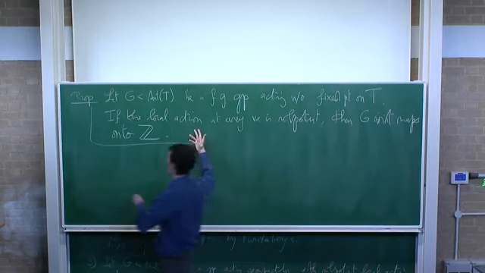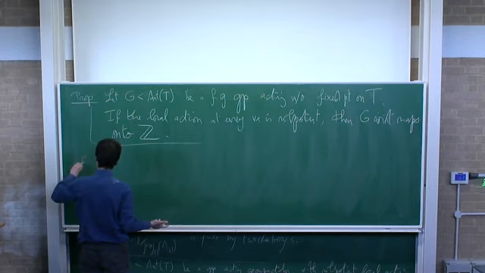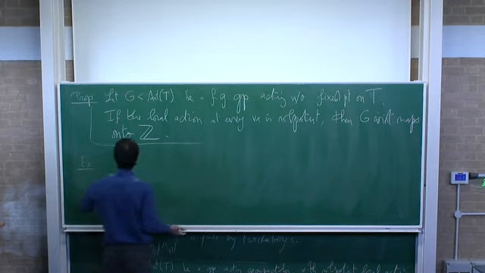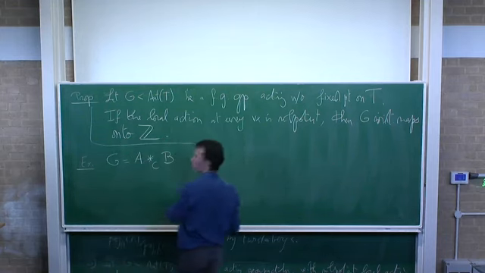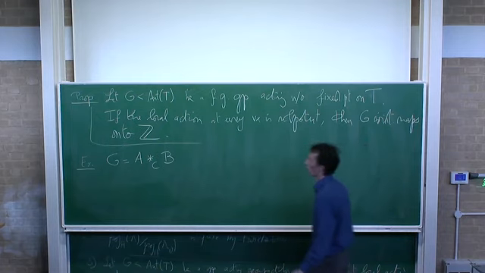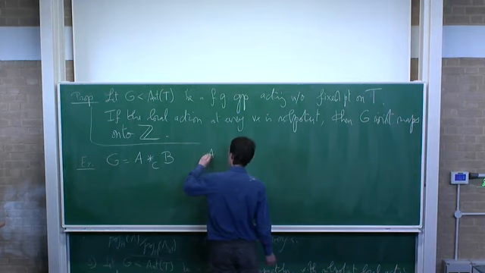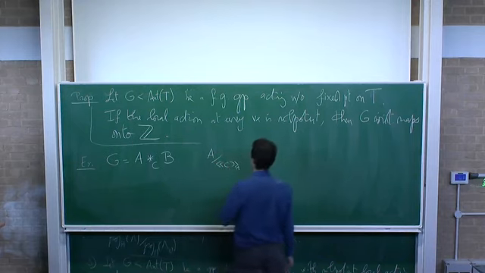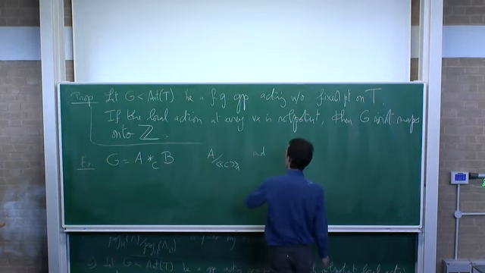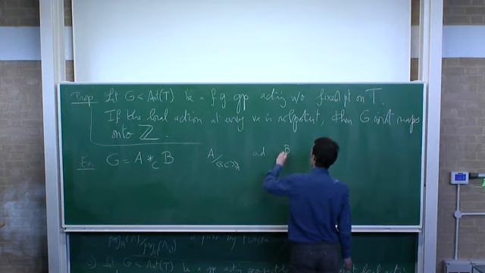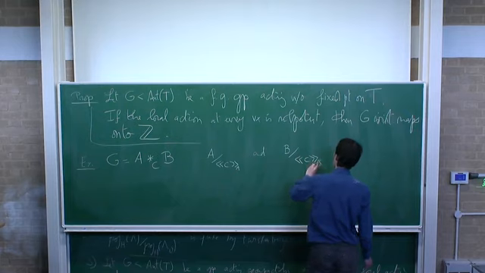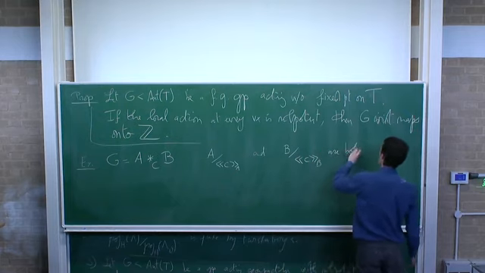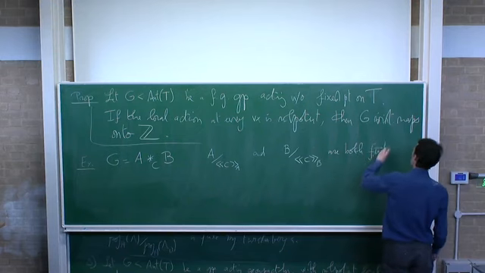An example of this would be G an amalgam. I just assume that A modulo the normal closure of C in A and B modulo the normal closure of C in B are both finite nilpotent.